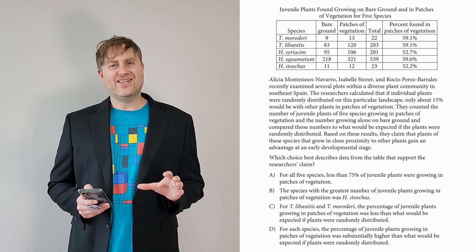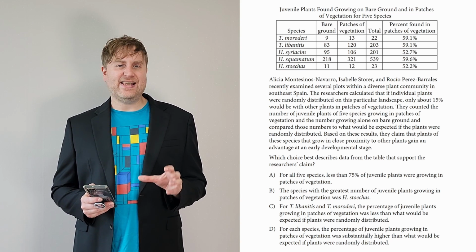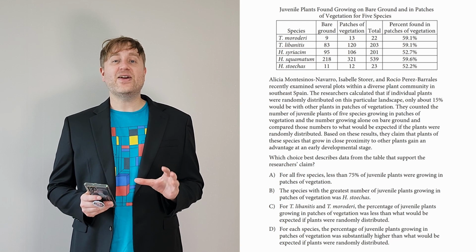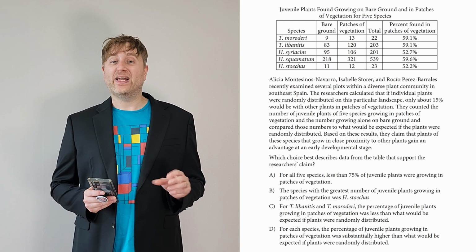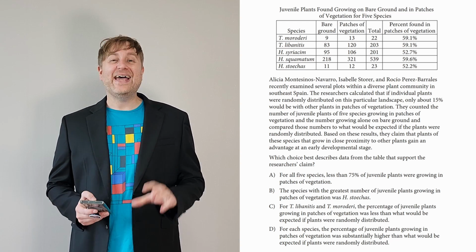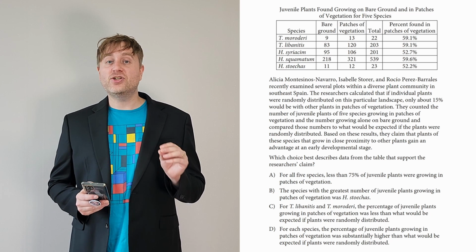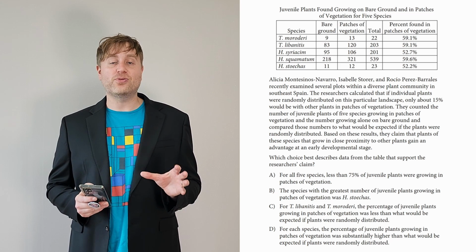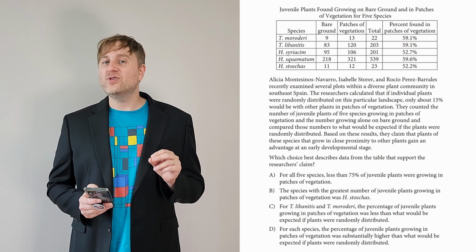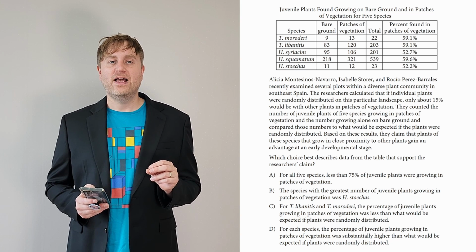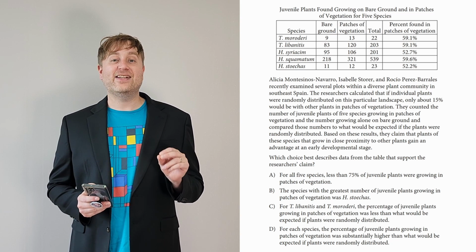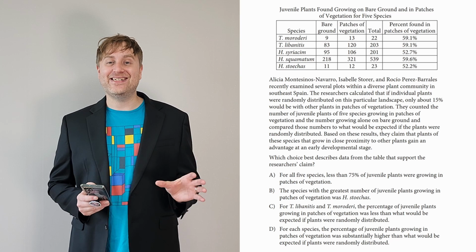But does it suggest that the plants growing near other plants have an advantage? The idea that there are a lower percentage of them growing appears to suggest the opposite. And the fact that this answer only mentions 2 specific species is also problematic, because the claim was about all 5 species. Therefore, we can cross off answer C and move on to answer D.